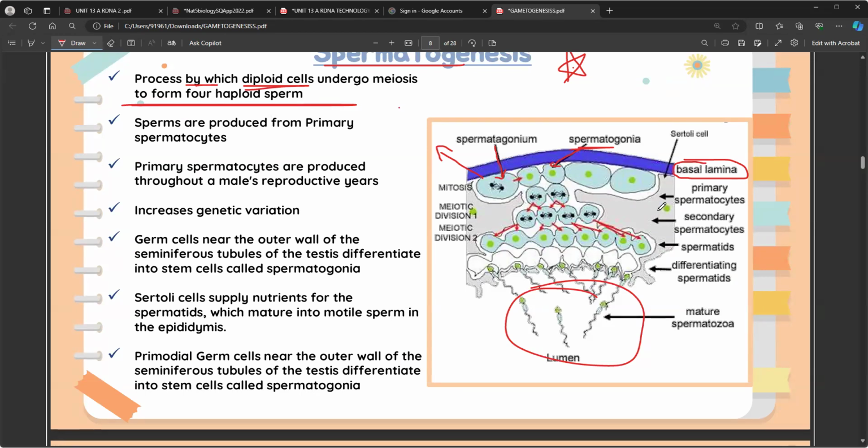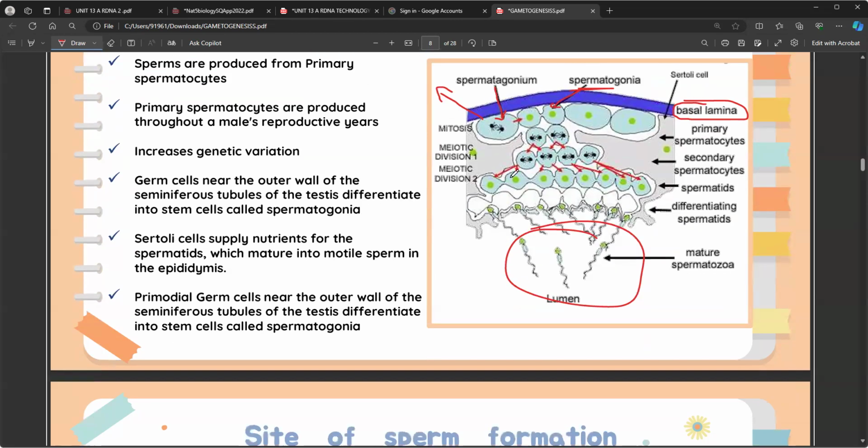Now, all the students understand. This spermatogonia undergoes meiosis 1, and gives rise to the primary spermatocytes. Primary spermatocytes undergo meiosis 2, and give rise to the secondary spermatocytes. Secondary spermatocytes differentiate into spermatids.